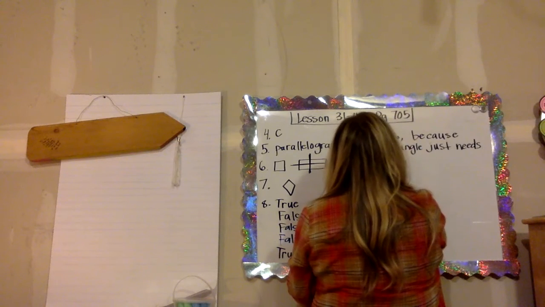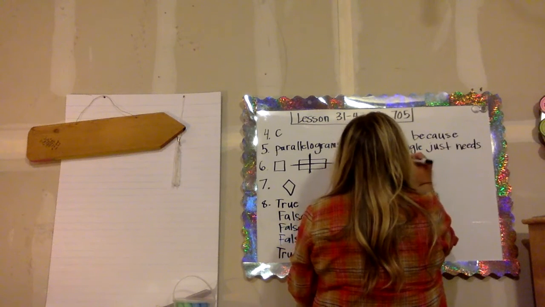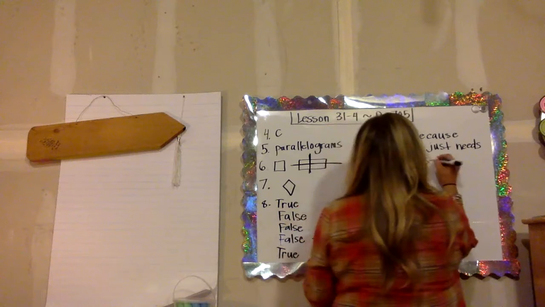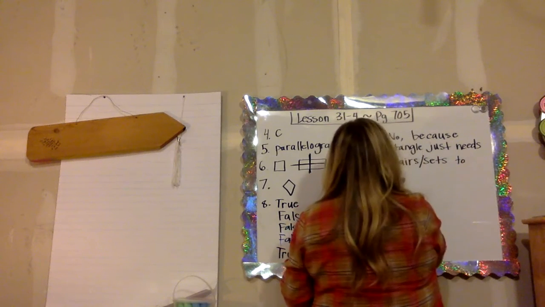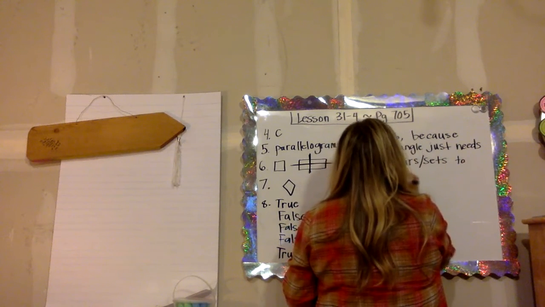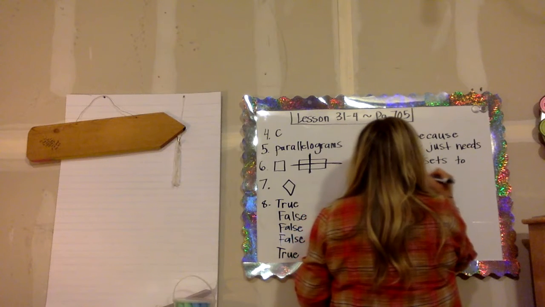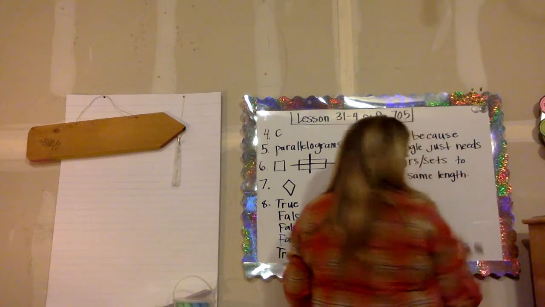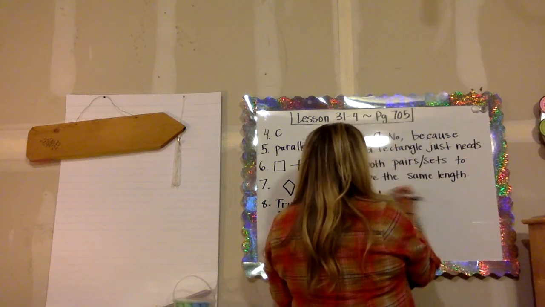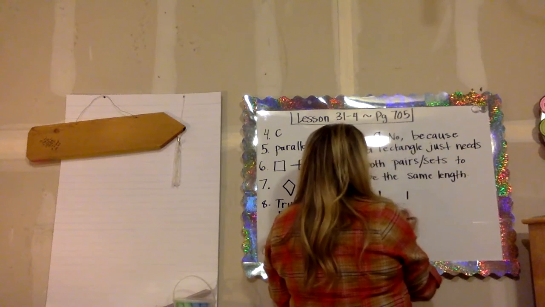all pairs or sets, that's a synonym, to be the same length, like the opposite sides. So again, this side is that length, then this side is that length. They're the same.